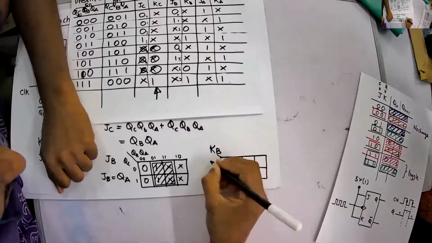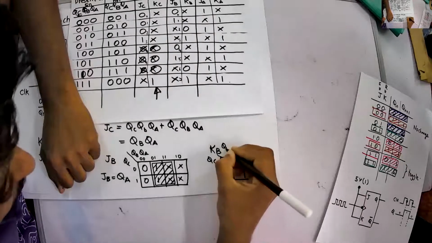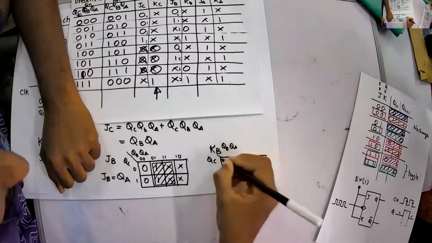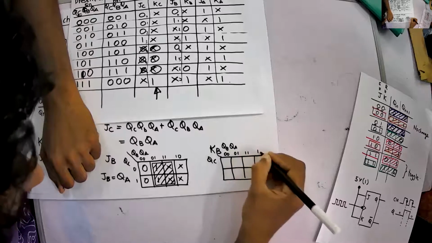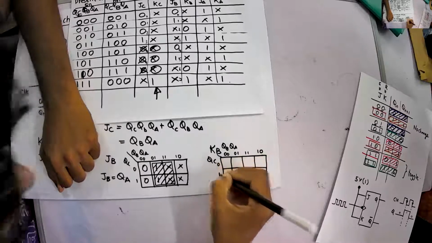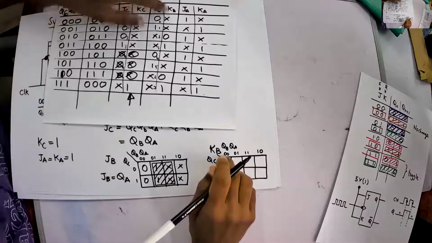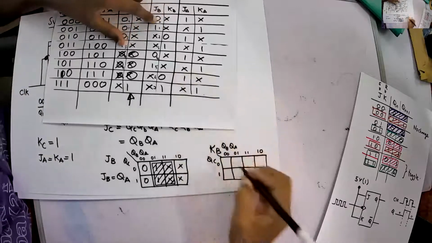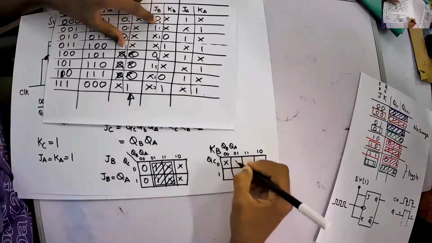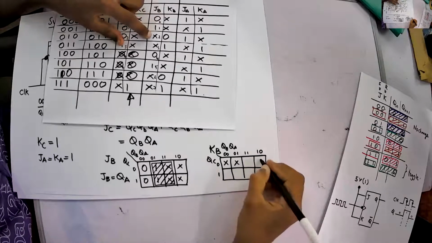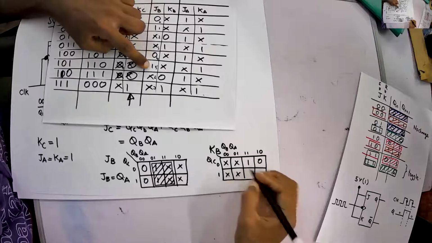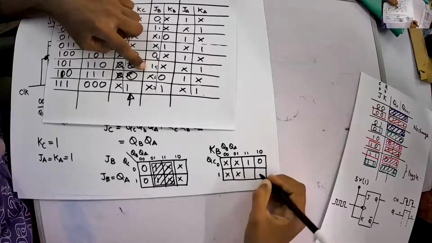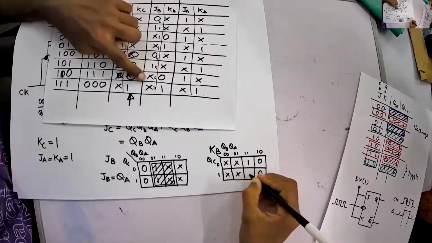KB, this is QC, QB, QA. So 0, 0, 0, 1, 1, 1, 1, 0, 0, and 1. KB means this one. So this is 0, don't care, 1, don't care, 2 is 0, and 3 is 1. 4 don't care, 5 don't care, 6 is 0 and 7 is 1.